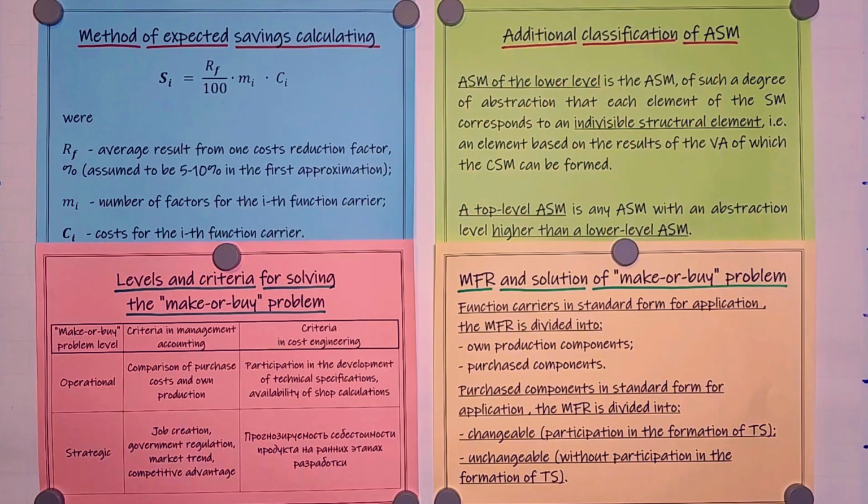It should be taken into account that there is a direct link between the potential for reducing production costs and the distribution of make or buy in the product.